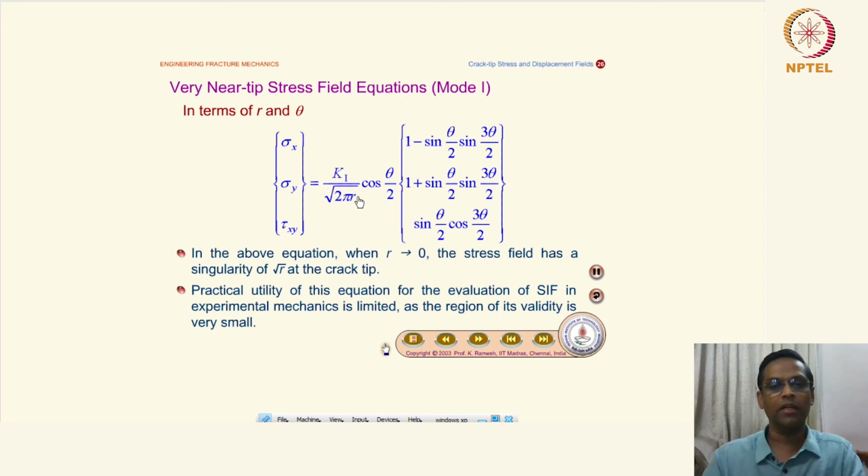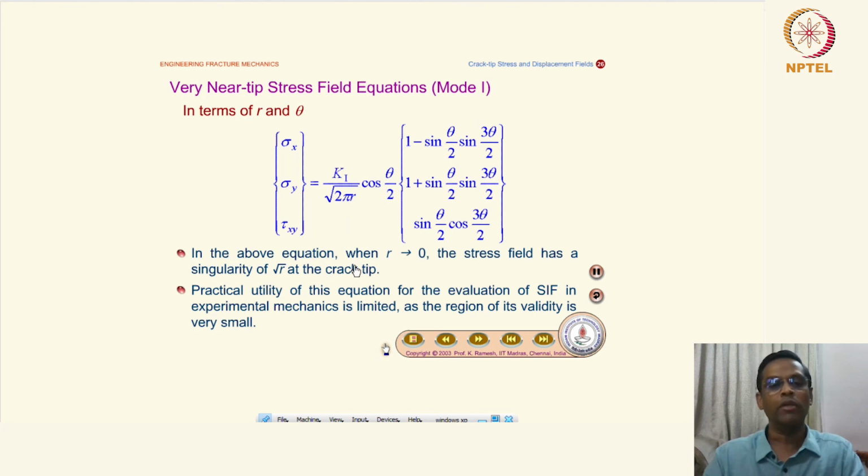So what happens if r tends to 0? If r tends to 0, then this becomes infinity. And this part takes care of the orientation, and the magnitude of K1 alone dictates the strength of these parameters.